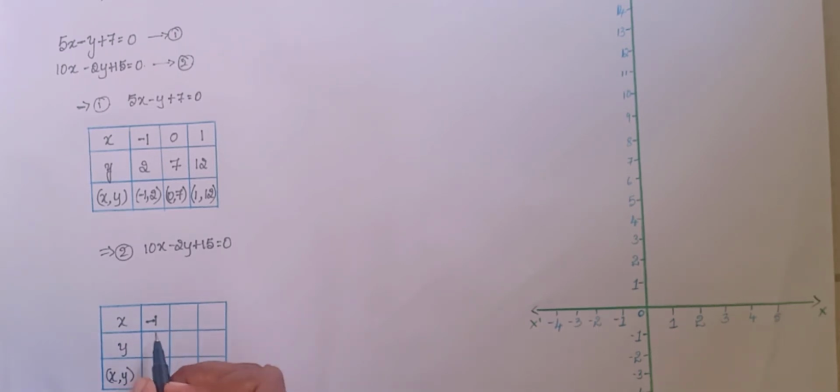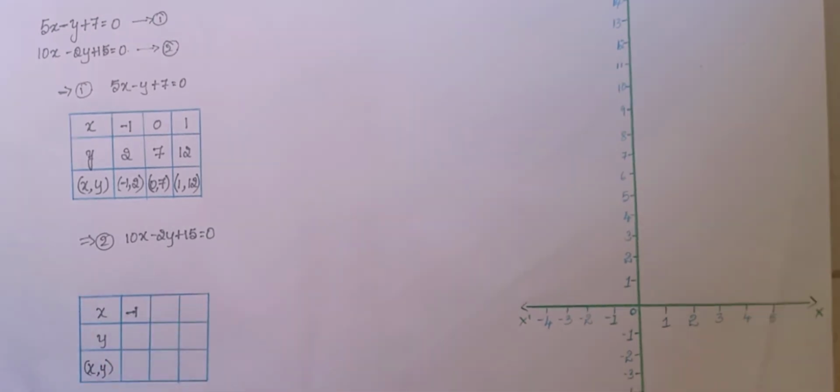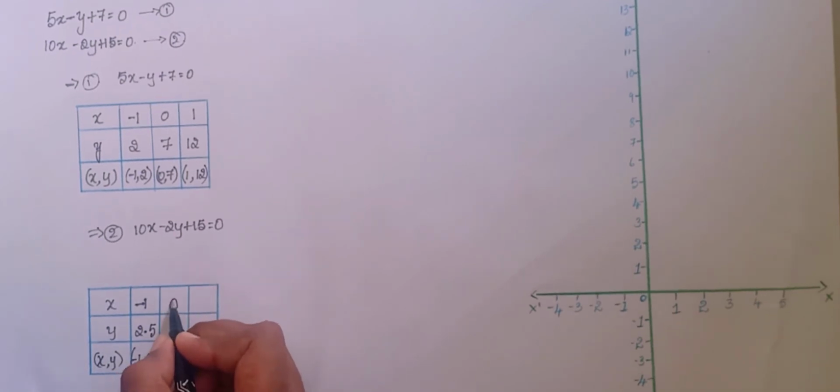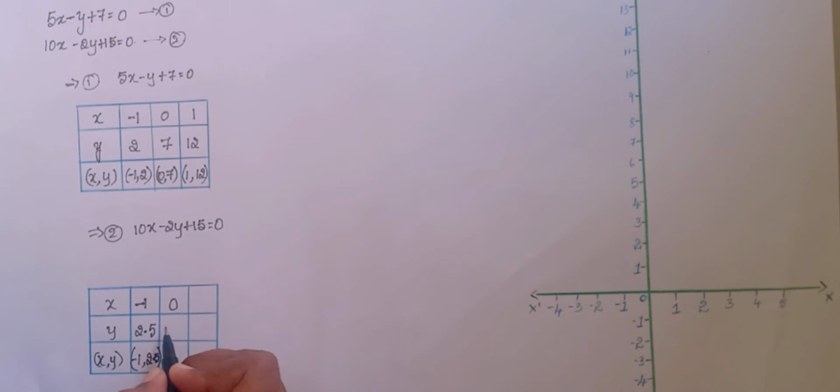Minus 1, then I'll put it in place of x. 10 into minus 1 will get minus 10. 15 minus 10, by subtracting we will get 5. By dividing 5 by 2 we will get 2.5. The answer is minus 1 comma 2.5. Next one, 0. By substituting this, 10 into 0 is 0. So we will get 15. 15 divided by 2, we will get 7.5.